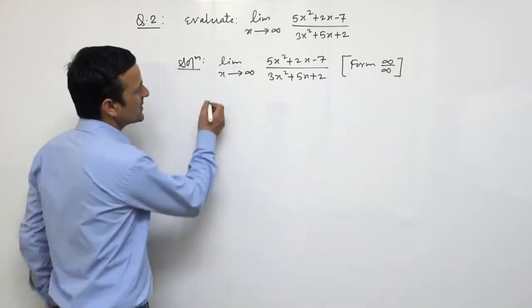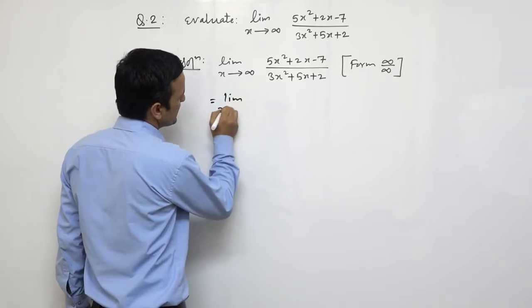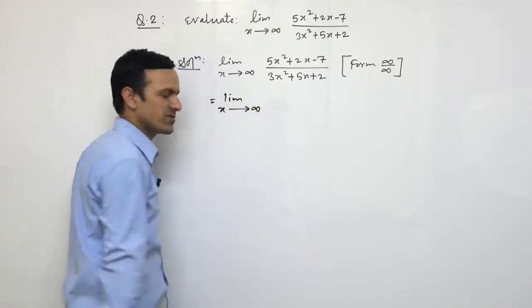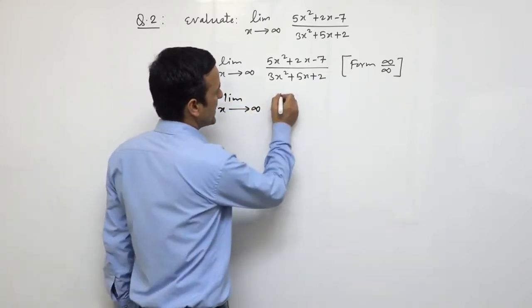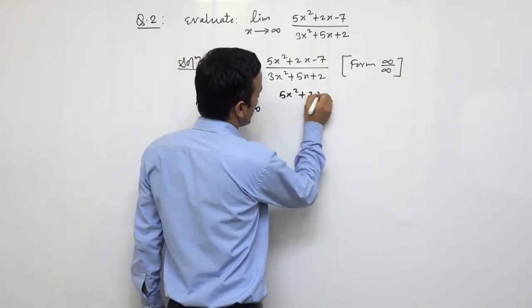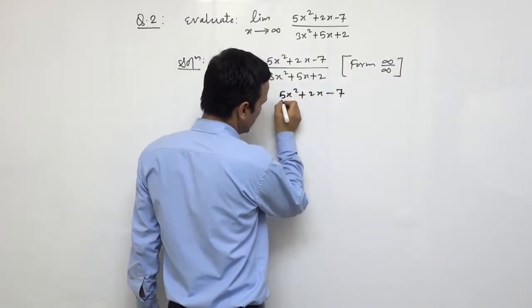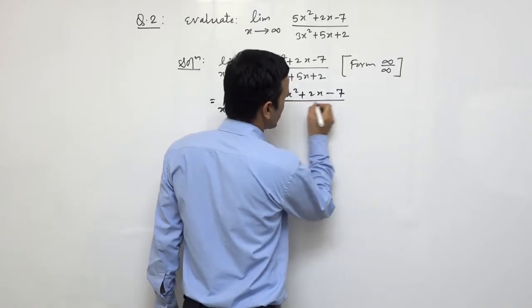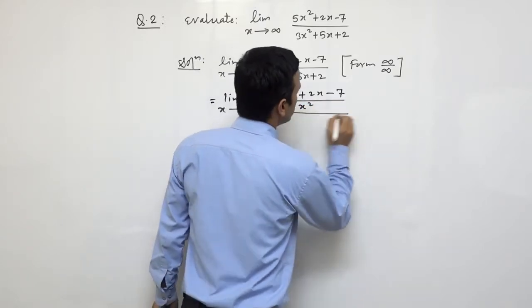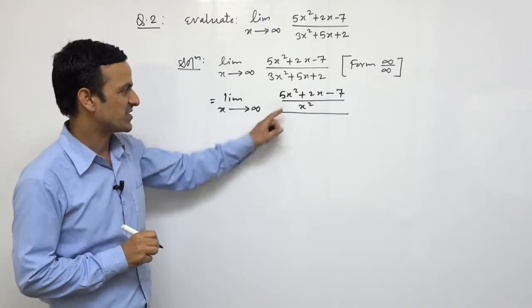And how to remove it? Its step is this one: limit x tends to infinity, 5x square plus 2x minus 7 divided by x square. The highest power of the numerator is x square.